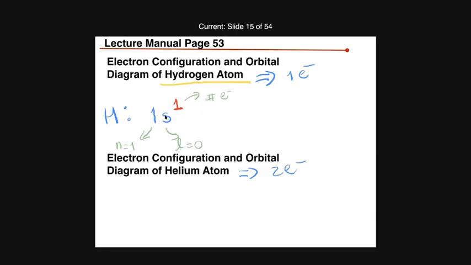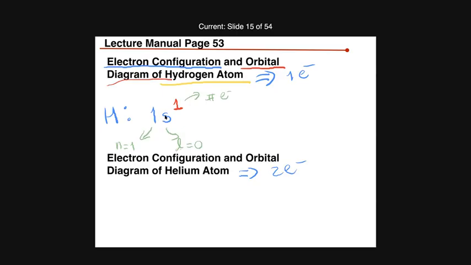So we are looking at 2 things right now. The first one is electron configuration. The second one we're going to take a look at is called orbital diagrams.